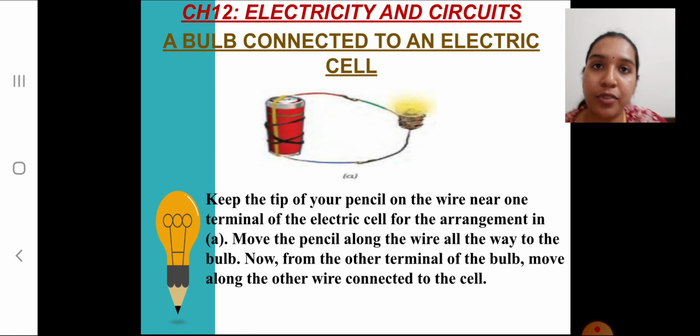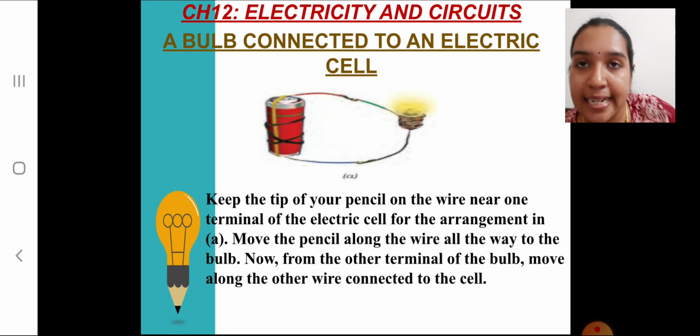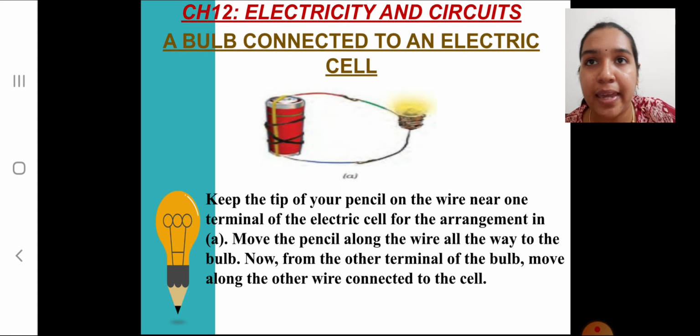Here is one of the arrangements where the electric cell and the bulb are connected in such a way that the bulb glows. This is type A. Now take a small pencil and try to draw the arrangement in your notebook exactly.